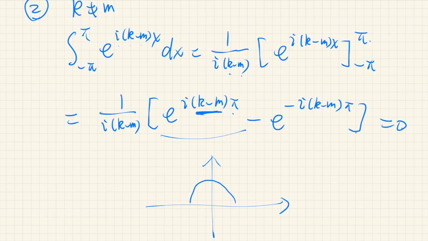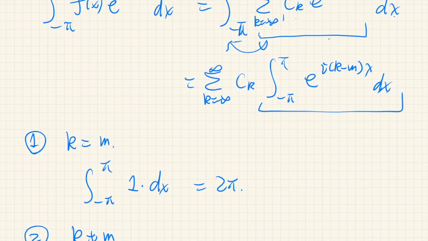So we rotate this point 1 time, 2 times, 3 times, and so on by π, k minus m times counterclockwise. Here we do the same thing but clockwise. But in either case, we always get the same number on the complex plane. So this should be equal to 0.